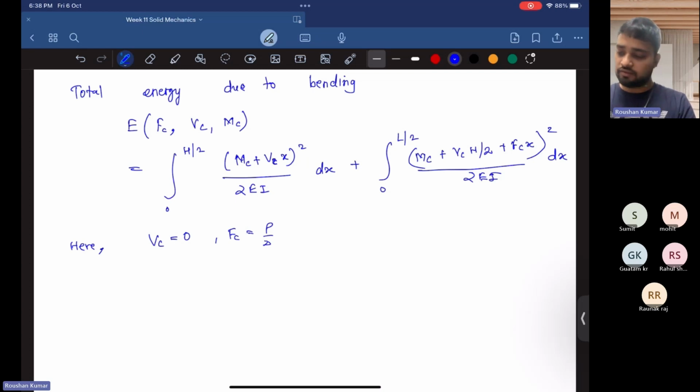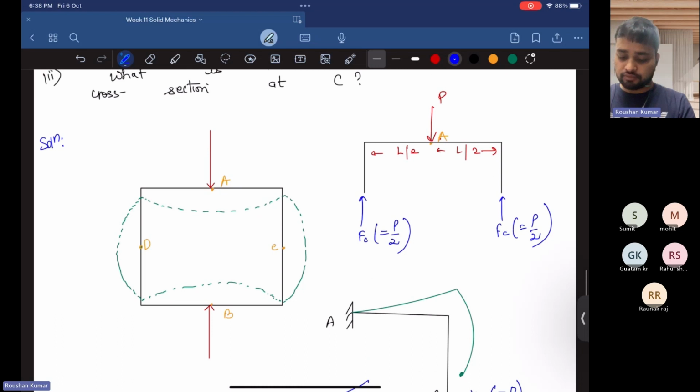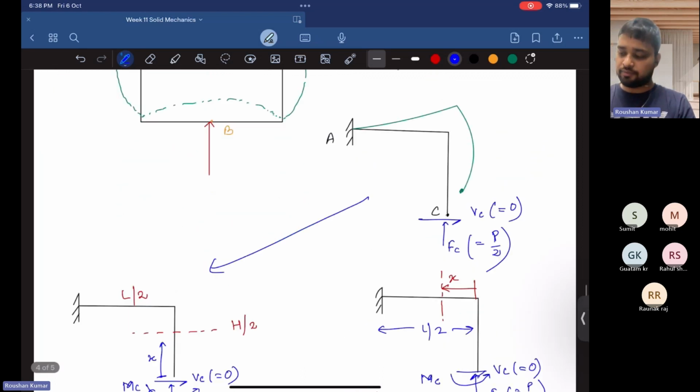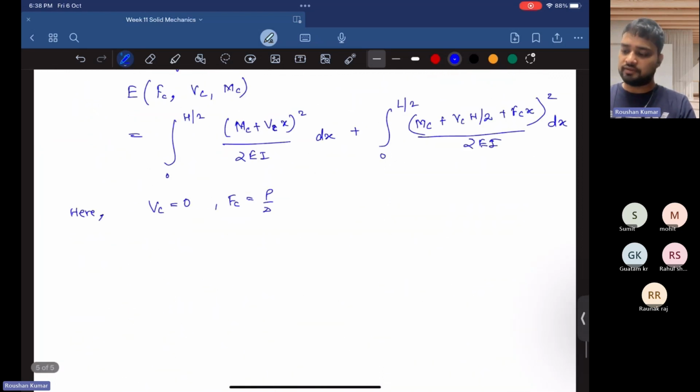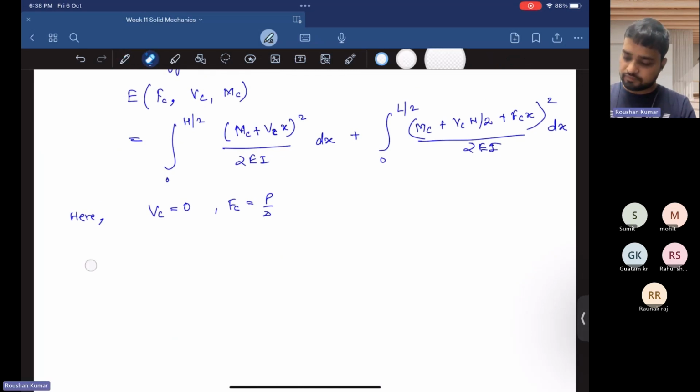Why? Because at C there is no rotation, that is, no slope. The point C is only translated to some other point, so there is no rotation. That's why the derivative of E with respect to Mc will be 0.